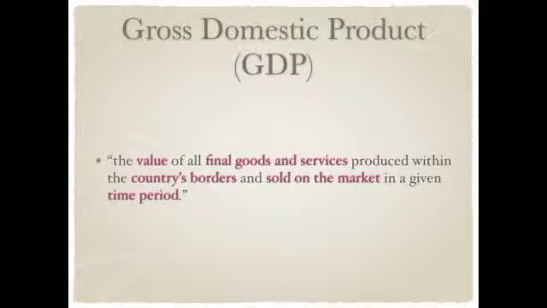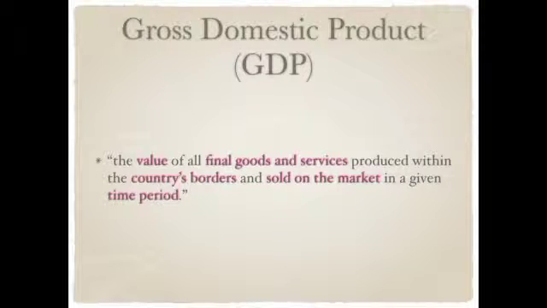Now with GDP, just make sure the only difference that you see here is the fact that now it's the same thing of saying the value of final goods and services, but it says produced within a country's borders. So it's still sold on the market and it's at the market price at the same time period, but the designation is within a country's borders.